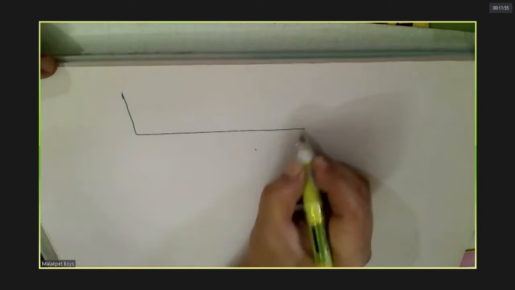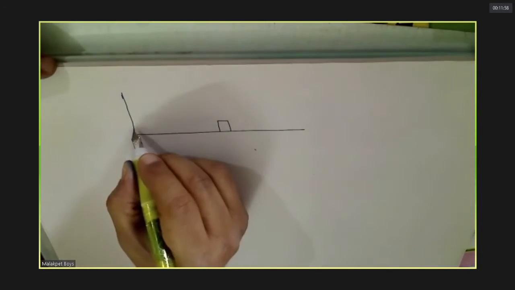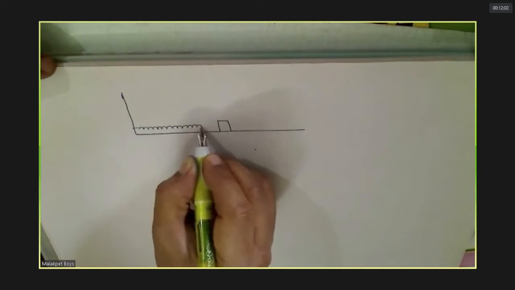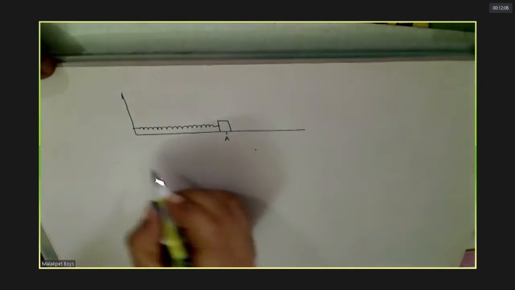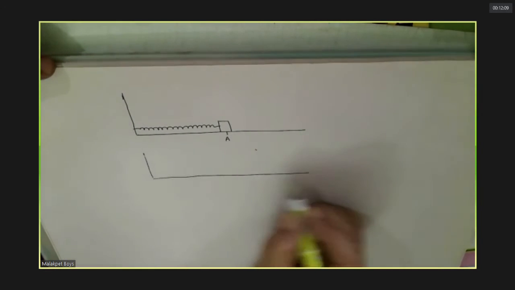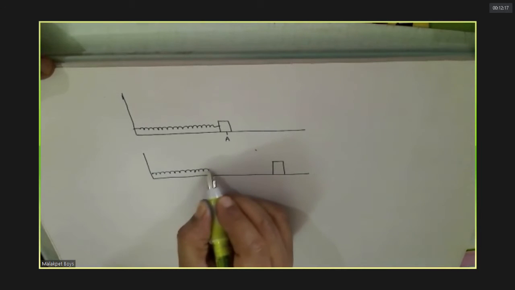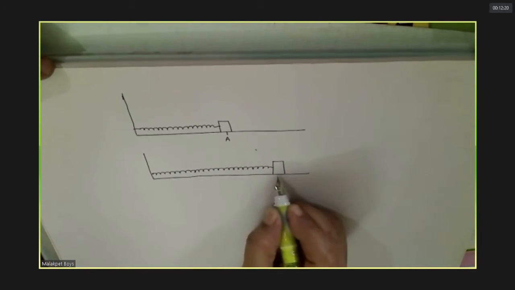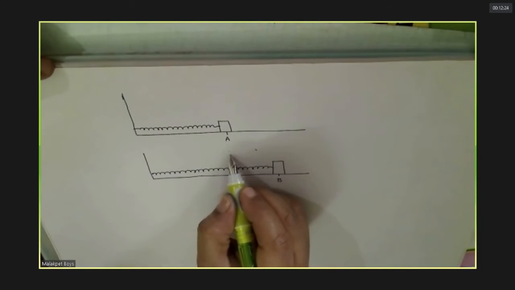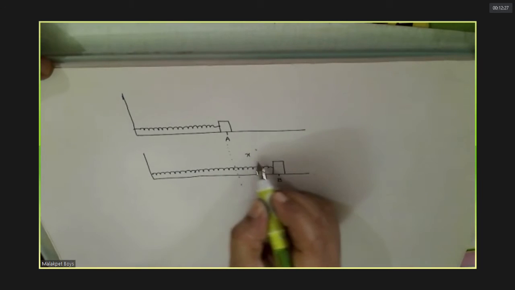Okay, see here, between these two extensions, it's a common experience that if you just connect a block, this is the equilibrium extension. Then you are pulling it by this amount. This is X max.